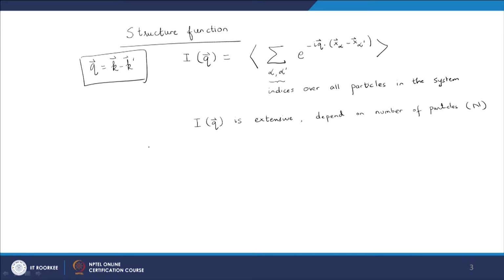So we can define an intensive measure that is known as the structure factor, and in literature there are two ways it is defined. In one way we divide by the number of particles, in the other way we divide by the volume of the system. In both cases, since the volume also scales like the number of particles, we do get an intensive quantity.